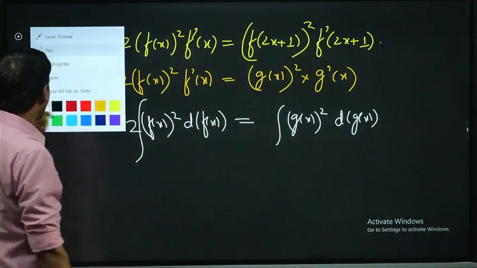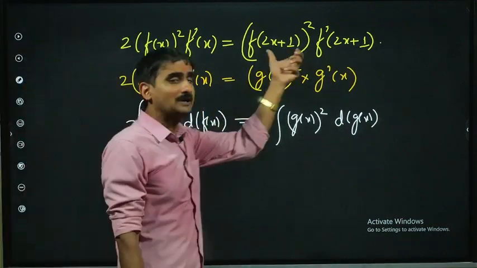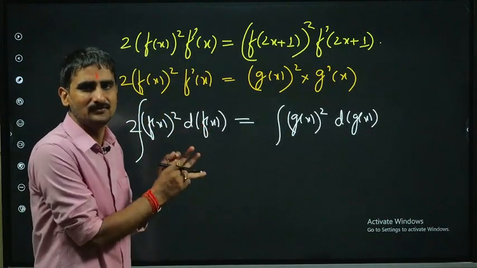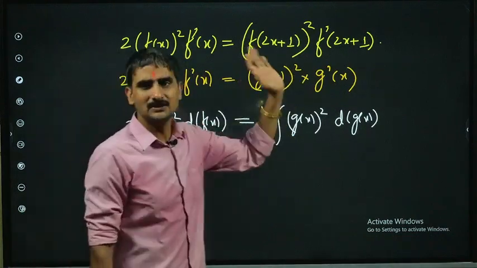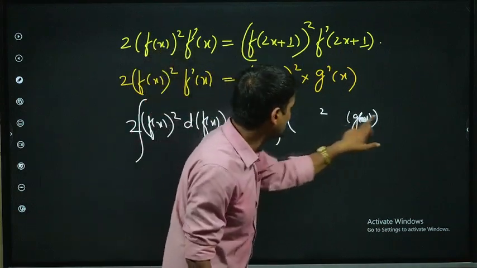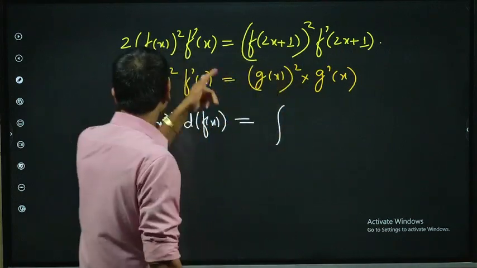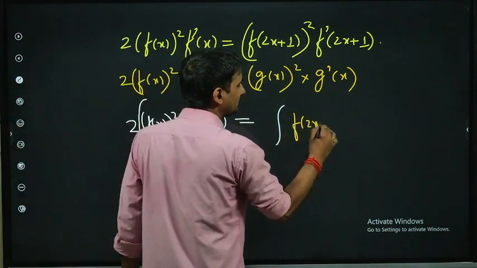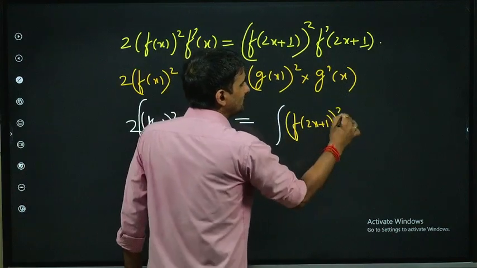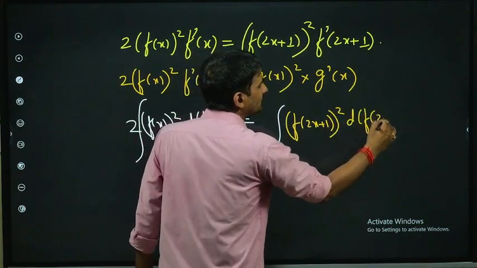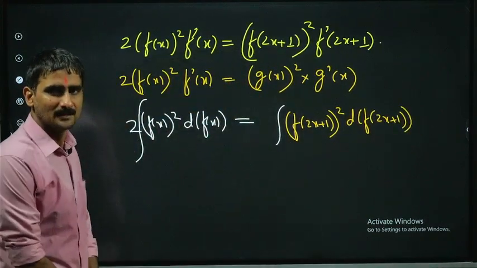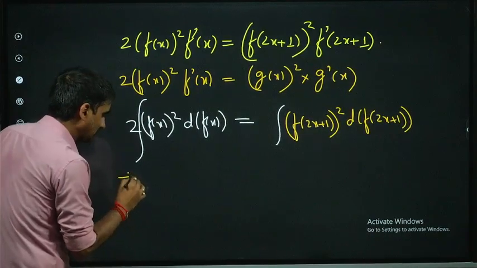So see, my point was simple, that you can look at it as some other function. So integrating both the sides is the simplest possible way to get rid of the derivative term here. So now I will replace this entire term by what we have here. So it's f of 2x plus 1 whole square d of f of 2x plus 1. Fair enough?